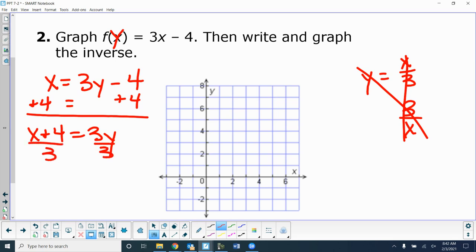So if you want to leave it like that, x plus 4 over 3, that's fine. Some people split it up into x over 3 or 1/3 x plus 4/3. Either one's acceptable. If you want to just leave it as one fraction like that, that's okay with me.